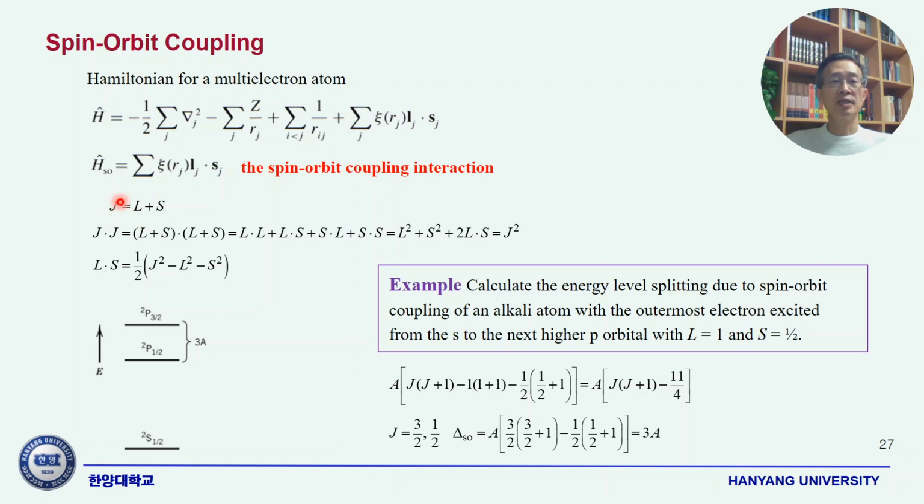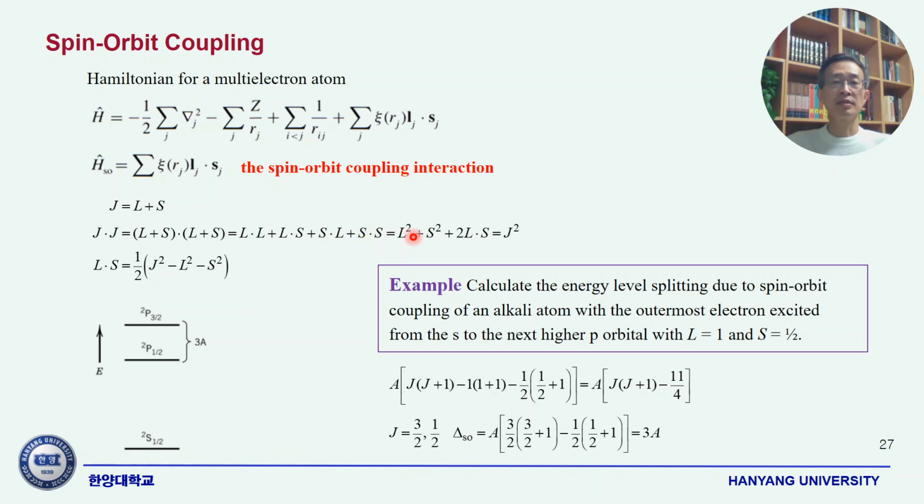Then we have J equals L plus S. Then J dot J, we just do this calculation: L plus S dot L plus S, and then we expand it: L dot L plus L dot S plus S dot L plus S dot S.